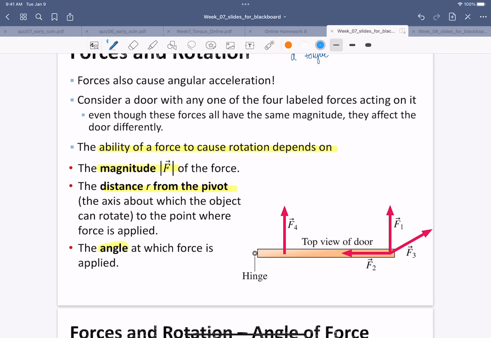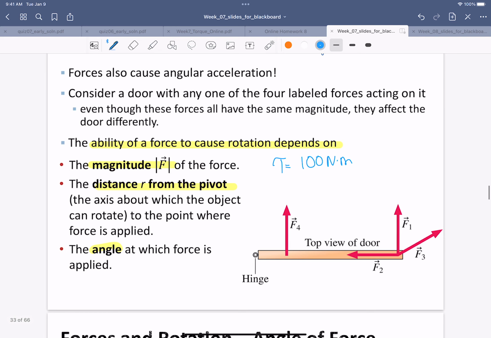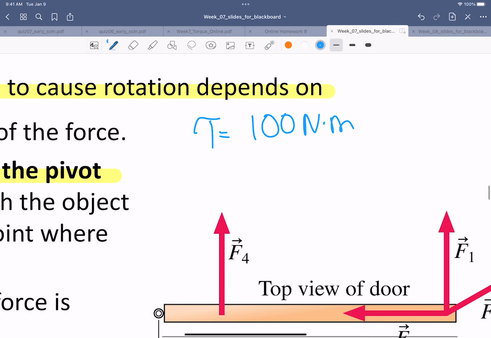So let's say the object, for example, needs a torque of 100 Newton meters to be able to properly open or close, right? So there's a couple different options to do that. Now, if I were to push, for example, let's say 2 centimeters away, this isn't really proper because of the Newton meters.